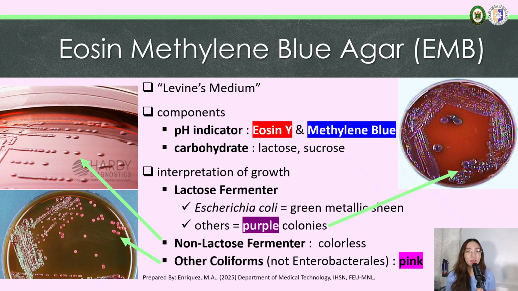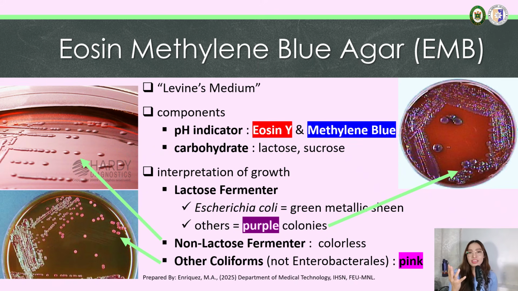So let's repeat, the eosin methylene blue agar or EMB, its pH indicator is eosin and methylene blue. All right. Now, if the organism is a lactose fermenter, there are two ways on how this could go. If it's Escherichia coli, then it would produce the iconic green metallic sheen.